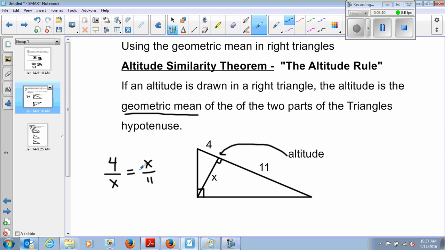I cross multiply. 4 times 11 is 44. x times x is x squared. And then I take the square root of 44, which ends up being 6.6. So x there is going to be 6.6. It is the geometric mean of the two parts.